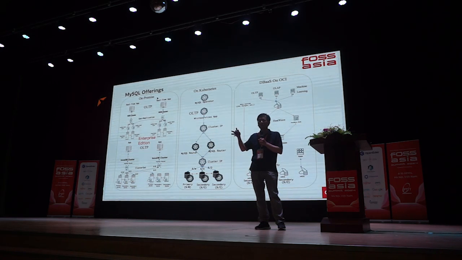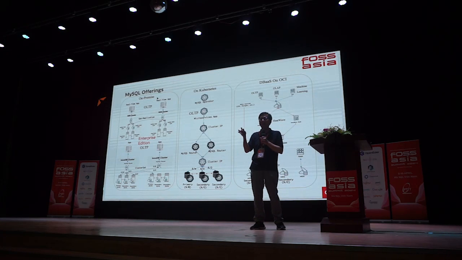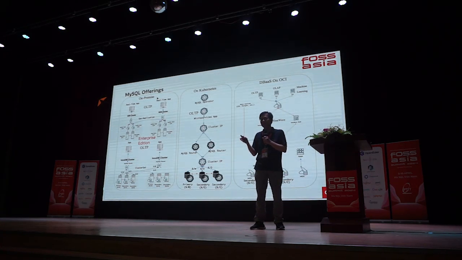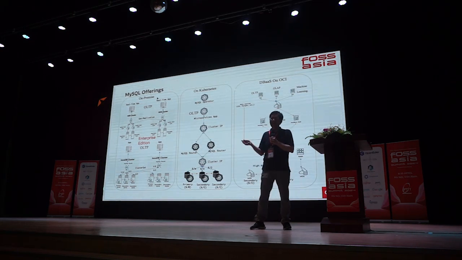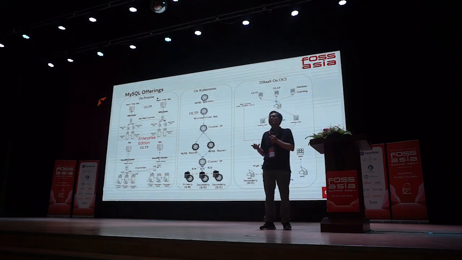On top of the database itself, we also offer quite a lot of high availability features, which let us replicate data between different MySQL servers. Not only with typical SQL replication, but we can also support real-time replication between databases.